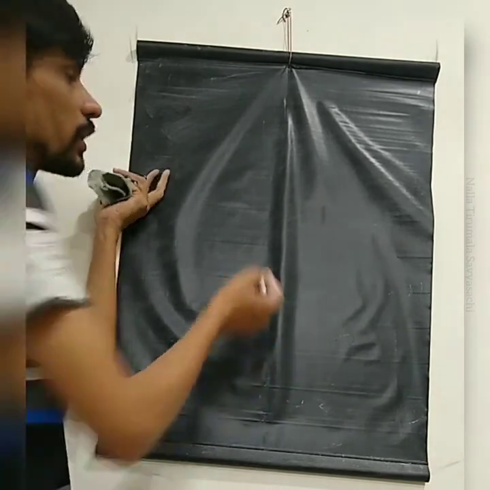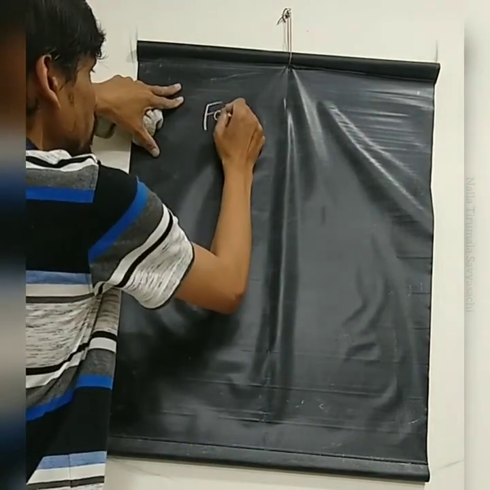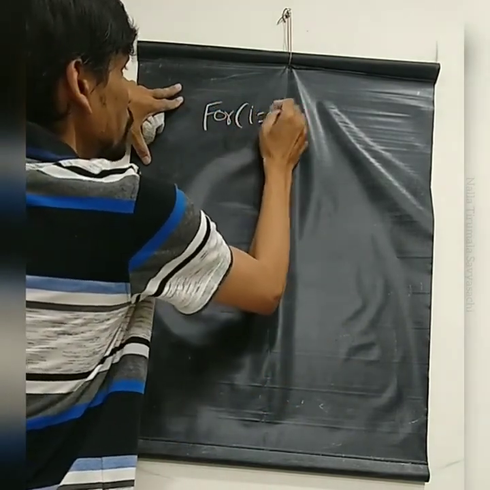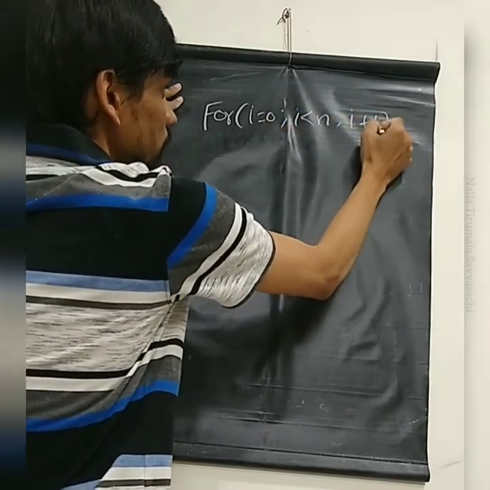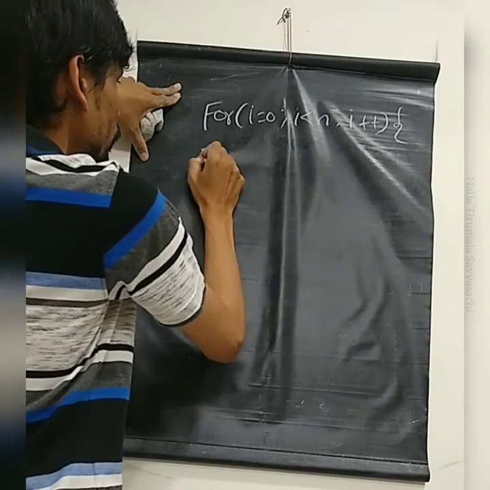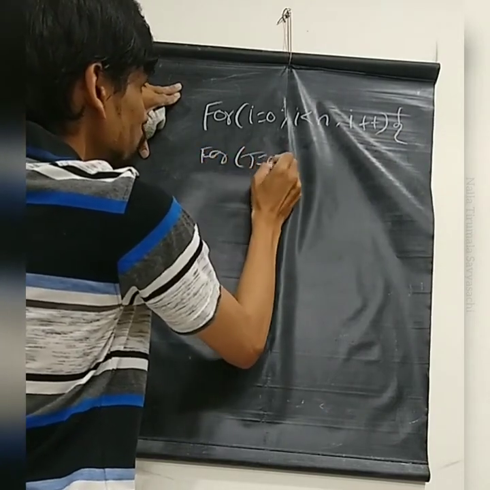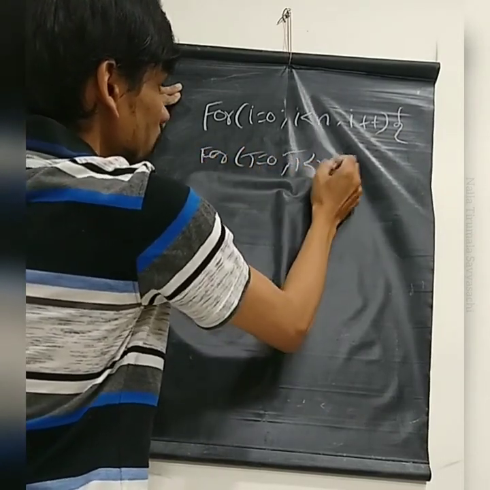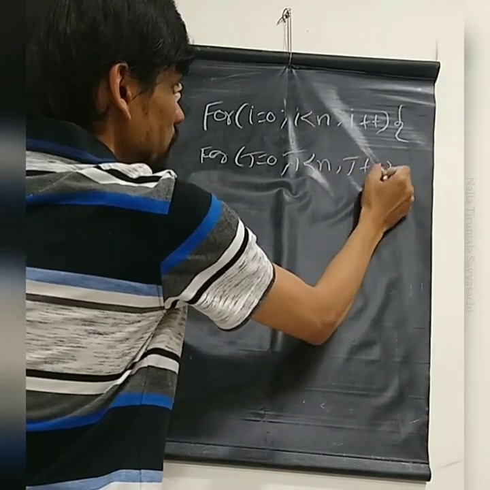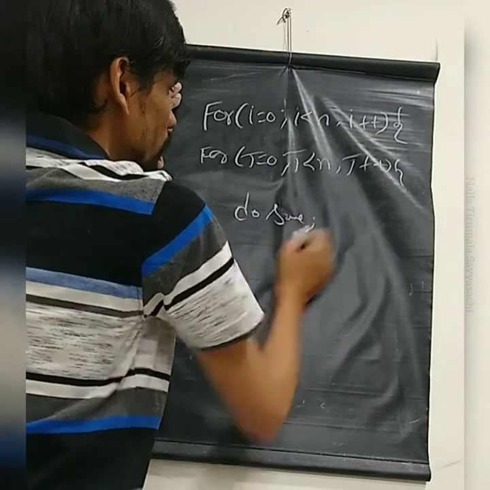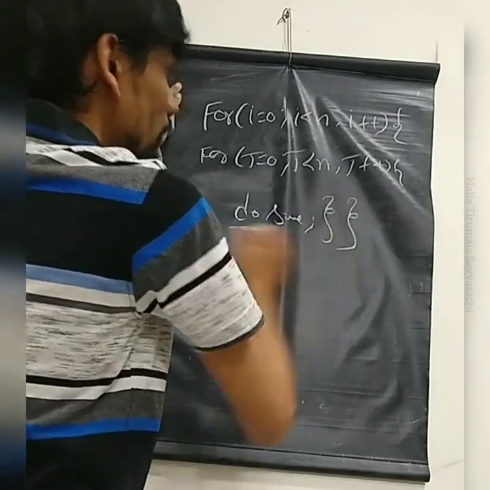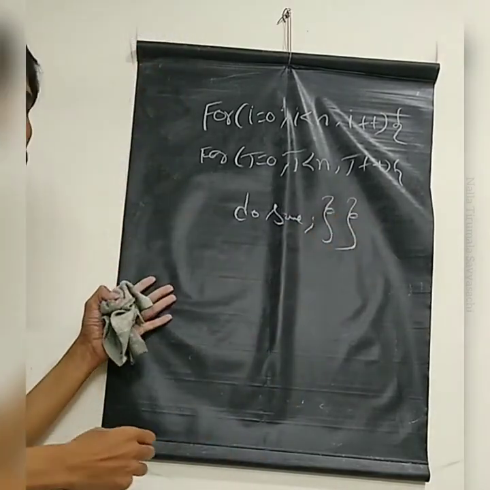So now we will take another example. Let's imagine I have for i equals 0, i is lesser than n, i plus plus. For j equals 0, j is lesser than n, j plus plus. Do something. So what is the complexity of this program?